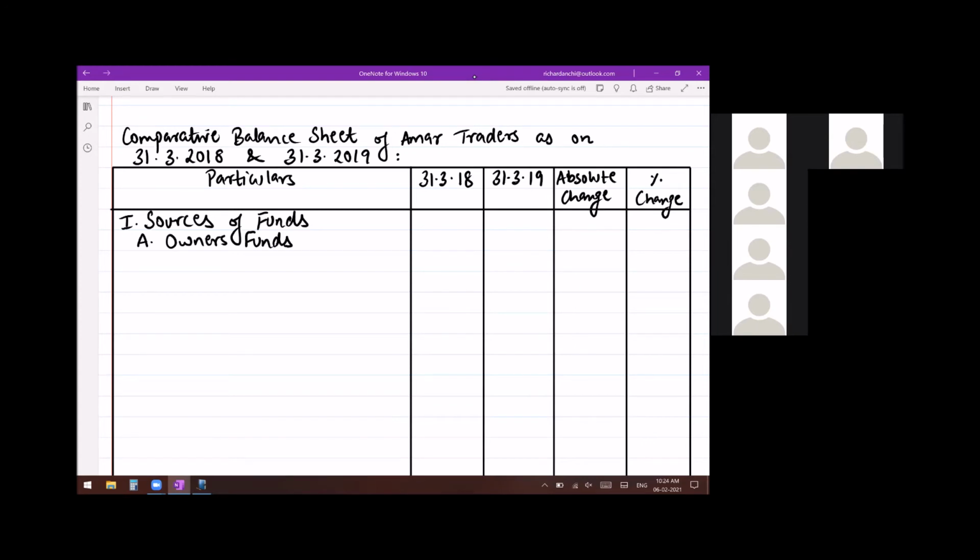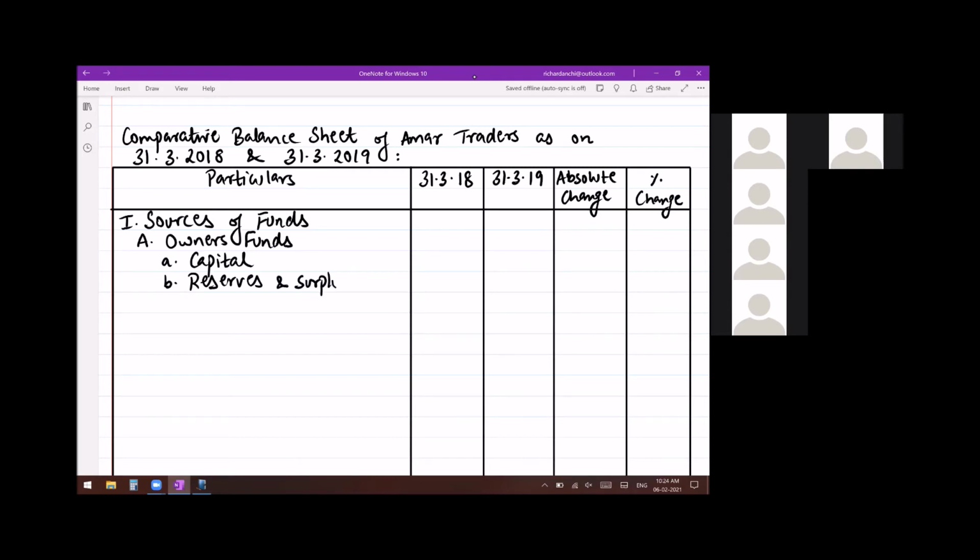One is the capital given by him, so below that write small a, capital. Then there will be reserves and surplus, which is all the profits that he has earned over the years. So b, reserves and surplus. These 2 items are going to come under owner's funds.